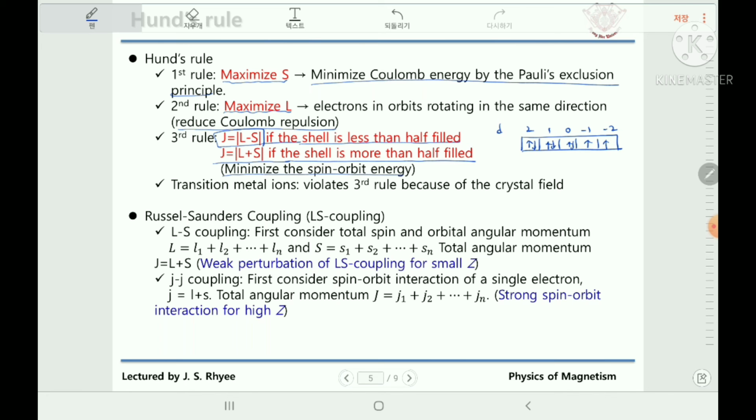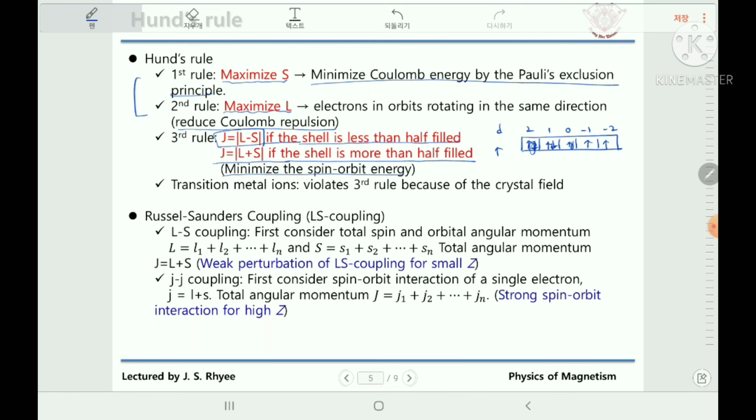The third rule is the result of the first and second rules, because from them the spins should have the opposite direction. The first electrons occupy this direction, with J equal to L minus S, but the other electrons may have the opposite direction, so L and S have a parallel direction. Therefore, it is very natural to understand.